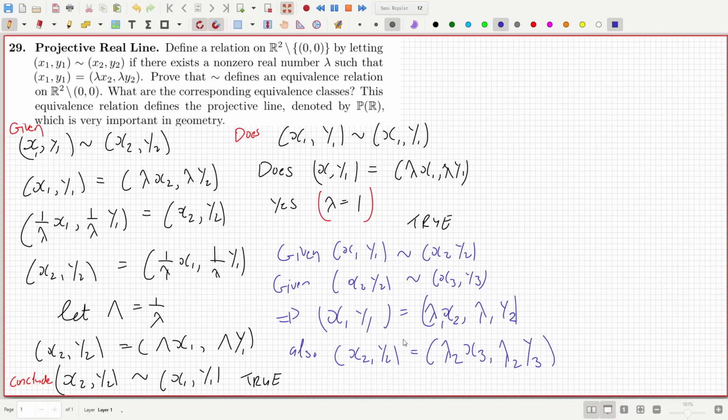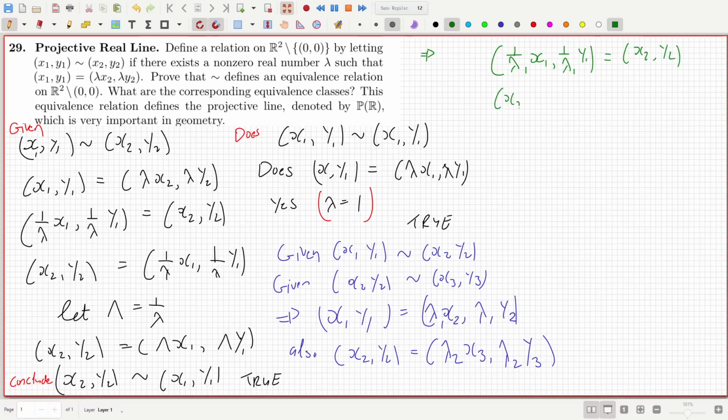You can rearrange these a little bit. So what you can arrive at is (1/λ1)x1, (1/λ1)y1 equals (x2, y2).